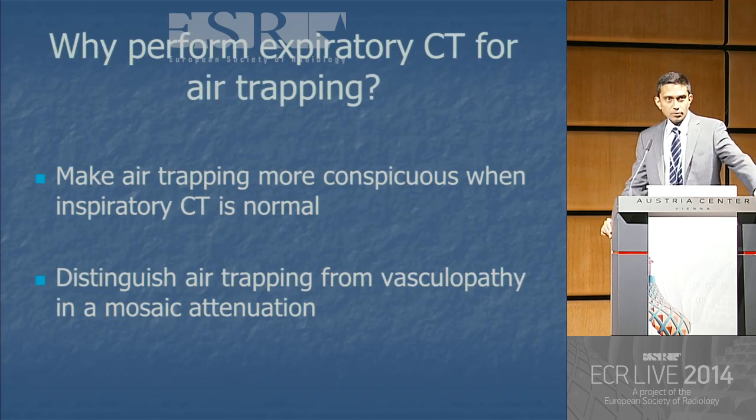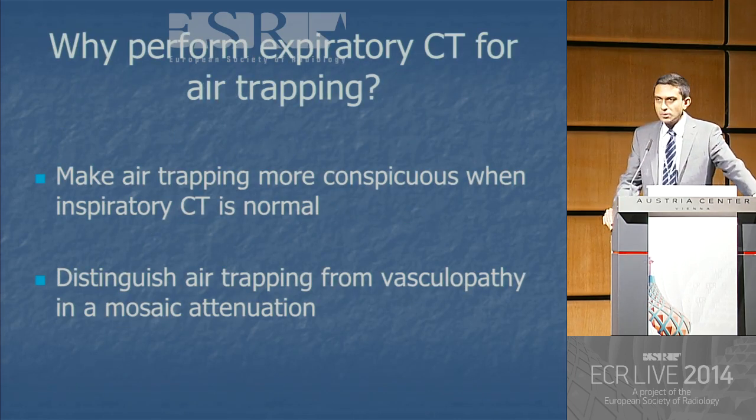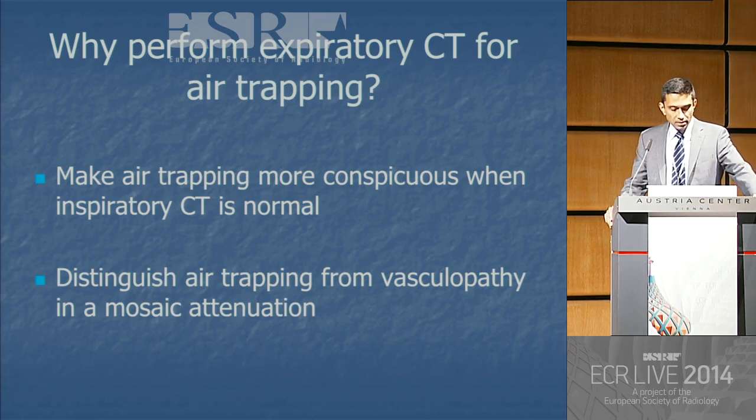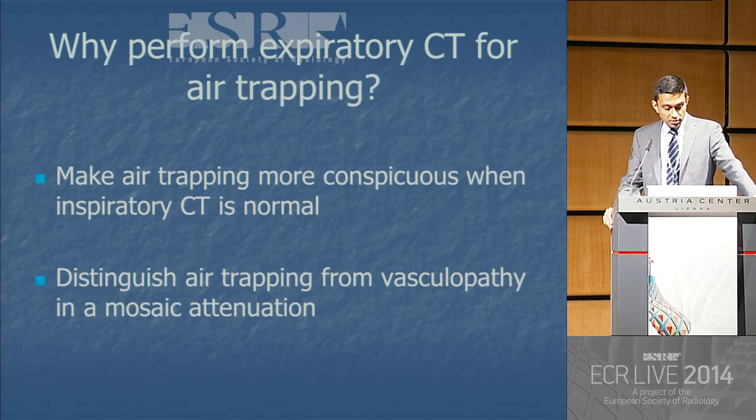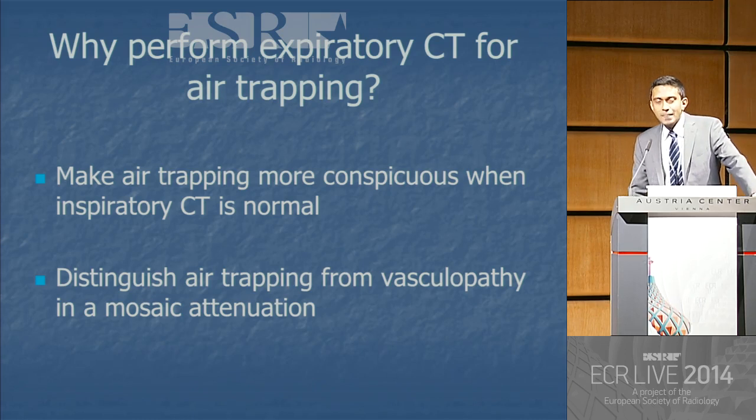So, first of all, why should we be performing expiratory CT to identify small airways disease? Well, there are two scenarios where it can be helpful. First of all, where the inspiratory CT is normal, or where the air trapping is very subtle, the air trapping can become much more conspicuous on expiratory CT. And secondly, when we're faced with a mosaic attenuation pattern, it can help us distinguish air trapping from a pulmonary vasculopathy.